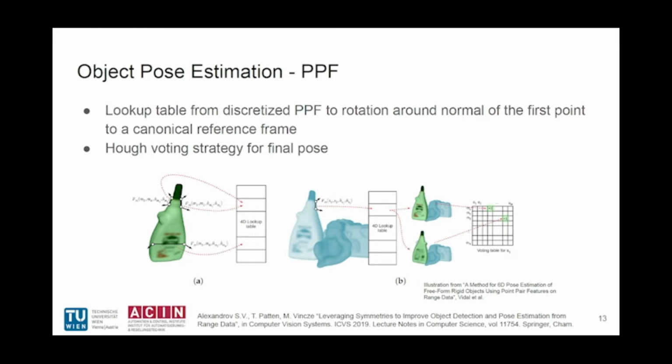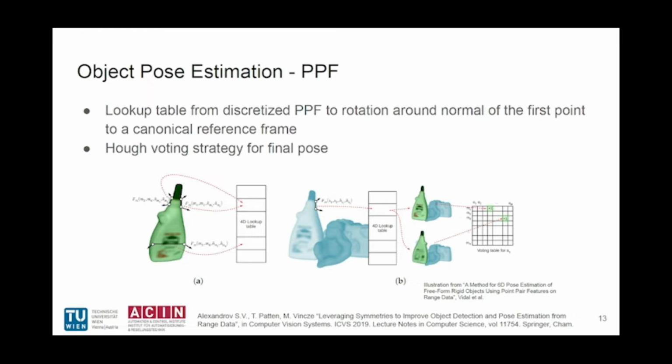And so if you have a matching pair of points between the scene and the model, then you can just vote for that given reference point with that given rotation around it. And that's reducing the problem to a 2-dimensional voting space. That's a lot simpler, and you can do it very efficiently. And once all the votes are accumulated, you can estimate the pose of your object.